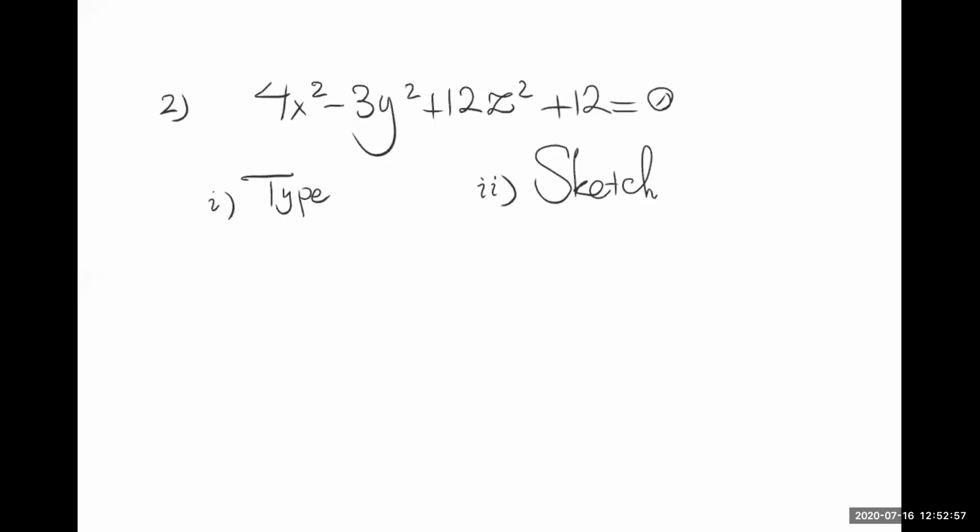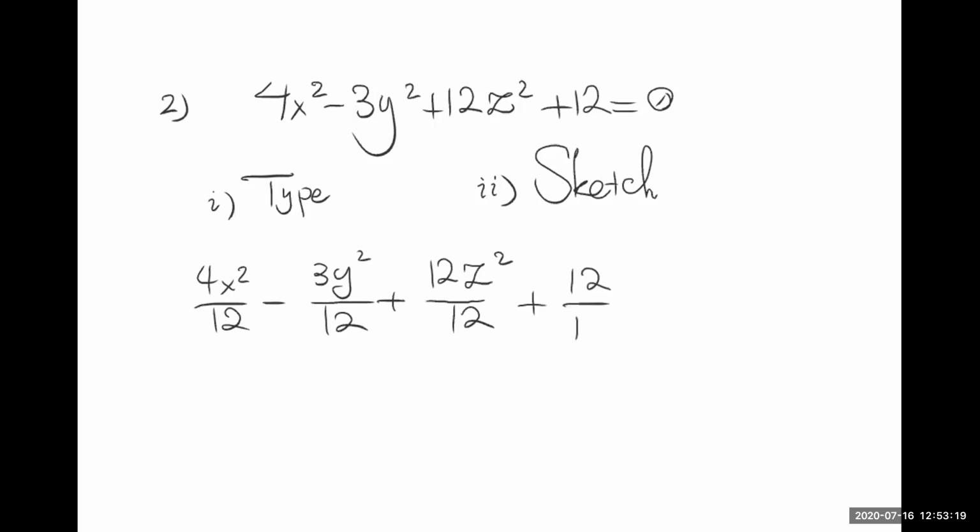The idea is that it's good here to divide everything by 12. If we divide the equation by 12, we get 4x squared over 12 minus 3y squared over 12 plus 12z squared over 12 plus 12 over 12 equals 0 over 12, which is 0.